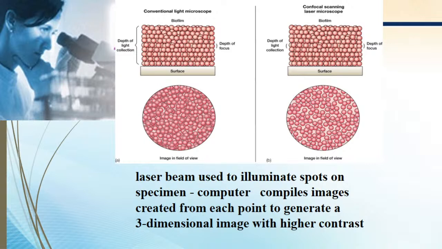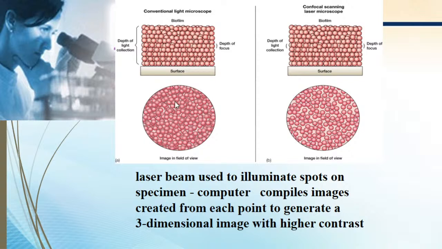We have to see two types of microscope. This is a conventional light microscope, with a biofilm, and also a confocal scanning laser microscope. A laser beam is used to illuminate spots on the specimen. The computer compiles images created from each point to generate a three-dimensional image with higher contrast.